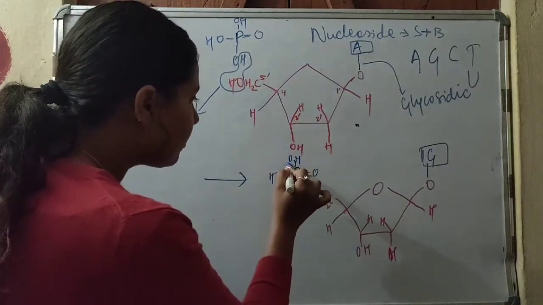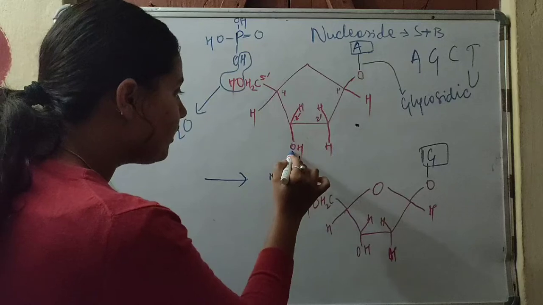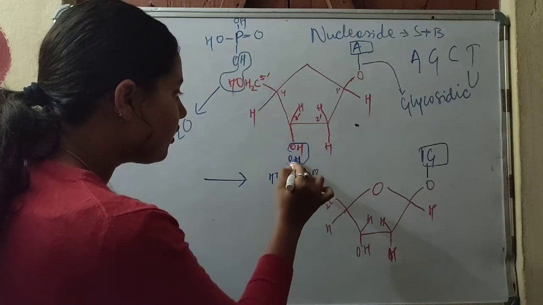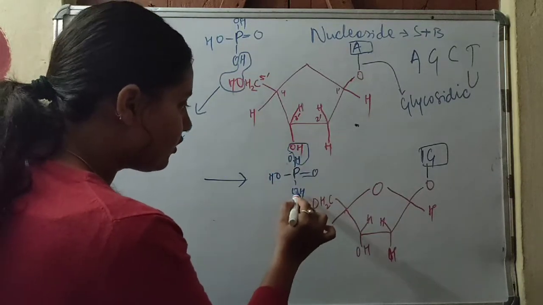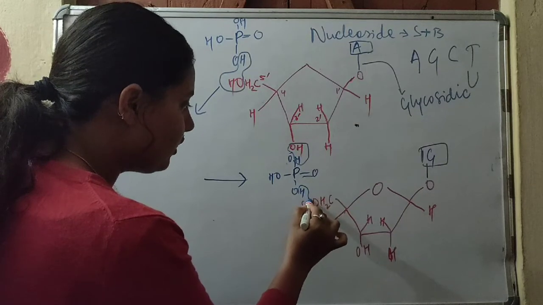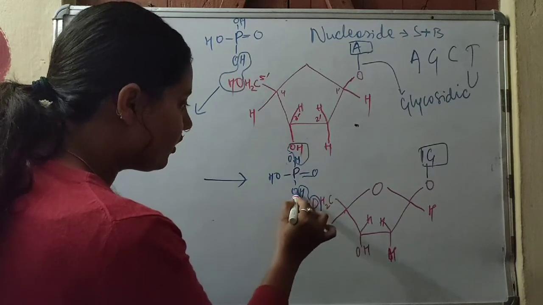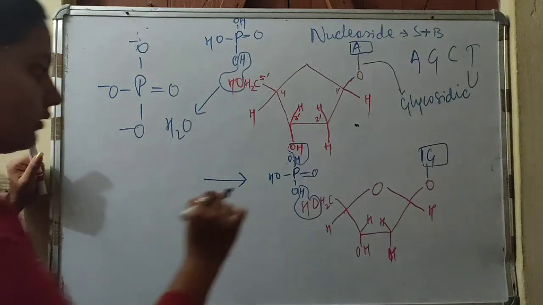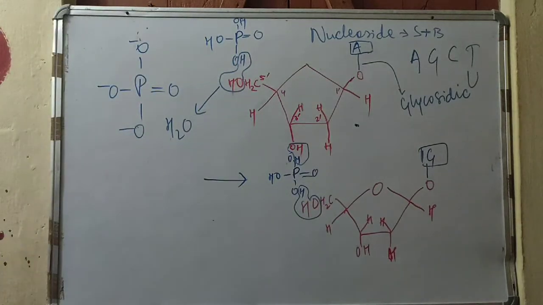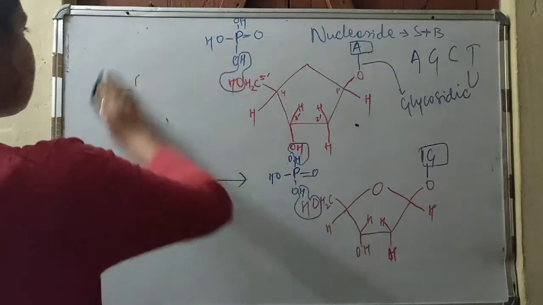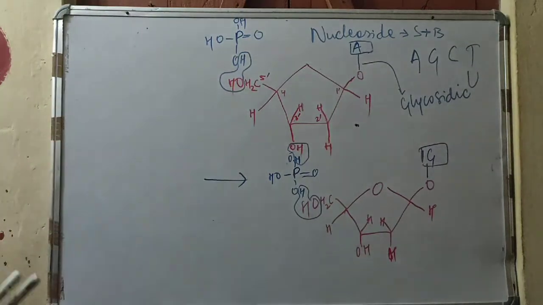And from here the water molecule will be removed, and from here also the water molecule will be removed, right? So what is left now? Let us draw the leftover part.